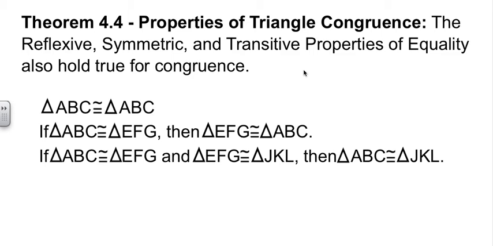And that also is true when we're talking about triangle congruence. A triangle is congruent to itself. I can switch sides of the equation, and I can use the transitive or the substitution property. That's all that theorem is telling you, is that things that you know to be true for numbers, for segments, and for angles also work for congruent triangles.